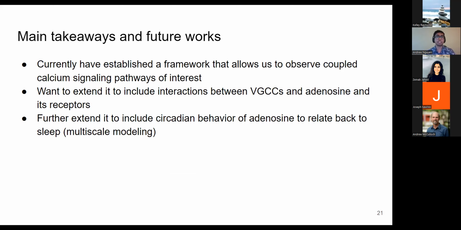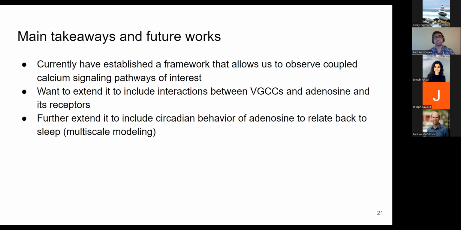I mentioned this before. I want to extend the model to include the interactions between the voltage-gated calcium channels and adenosine and its receptors, and then further extend it to include the circadian behavior of adenosine related to sleep. So we'll be talking about timescales of hours to days.